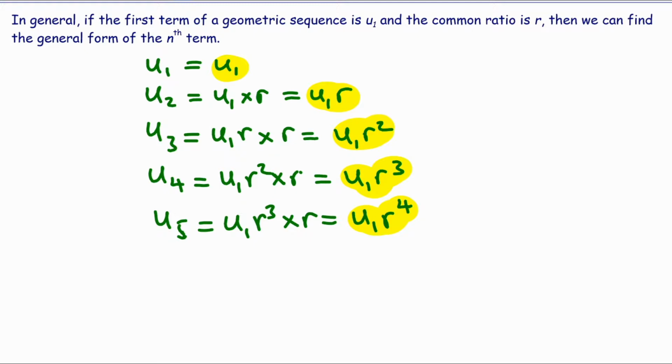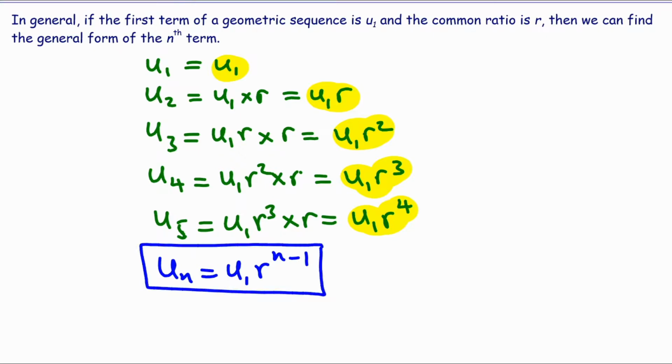For example, for the fifth term, the power of r is 4, which means that the nth term will be the first term multiplied by r to power n minus 1. And that is the formula for the nth term of any geometric sequence. Any geometric sequence can be handled using that formula, and I'm going to show you how to do that in the next examples.